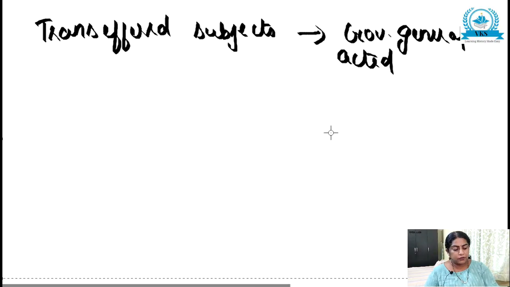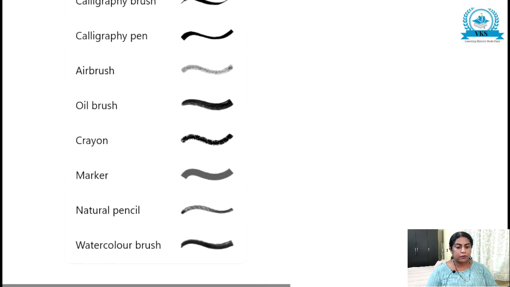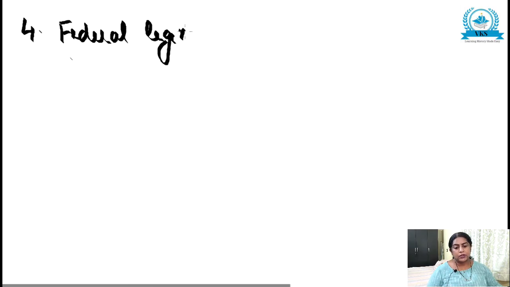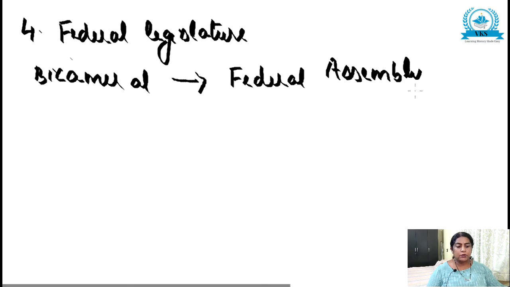Now the next important provision regarding the Government of India Act 1935, the fourth one, that is the Federal Legislature. The Central Legislature was bicameral, consisting of the Federal Assembly and the Council of States.